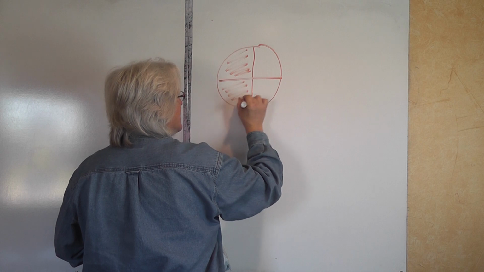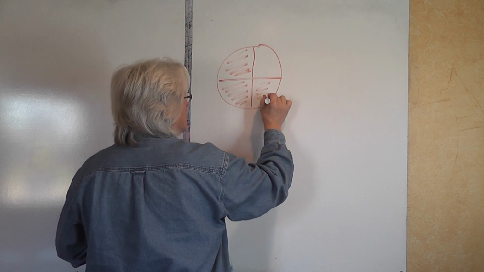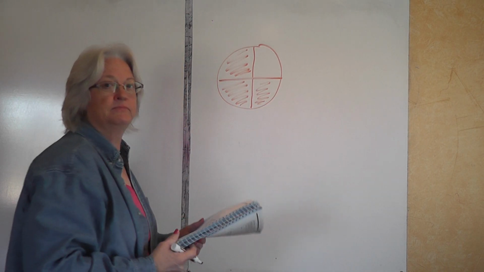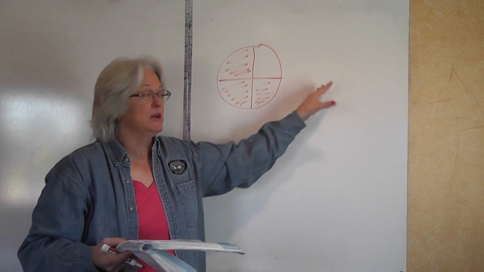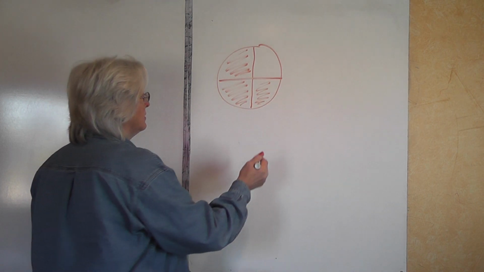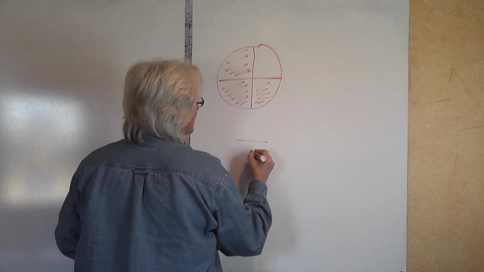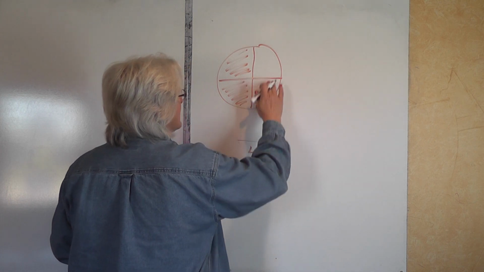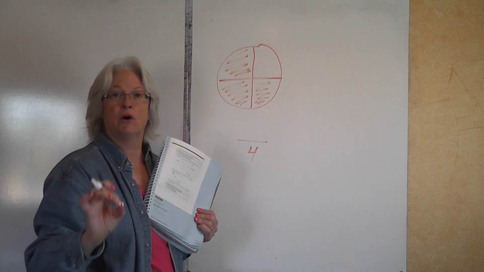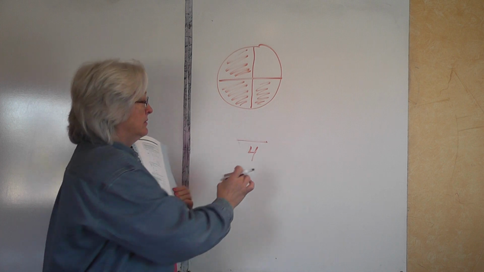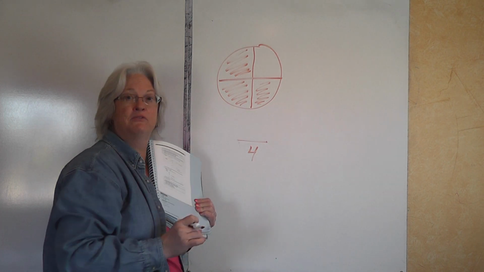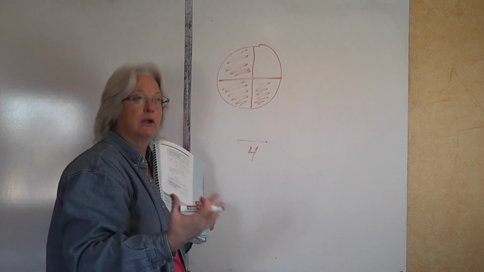And I'm going to shade 3 of those parts. What a fraction is, the denominator, which is the bottom number of the fraction, tells you how many pieces one whole item is divided into. Our circle here is divided into 4 equal parts.